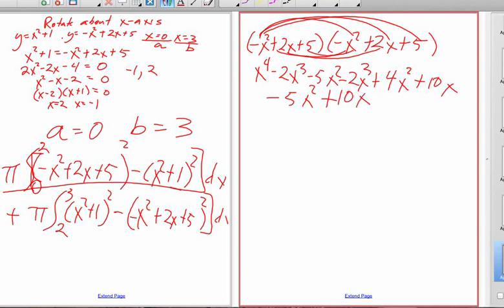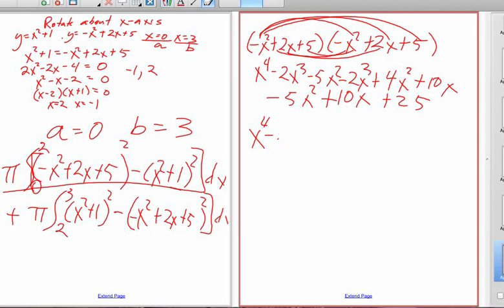10x plus 25. I group all my like terms, I lump them all together, and I'm going to end up with an x to the 4th minus 2x minus 4.